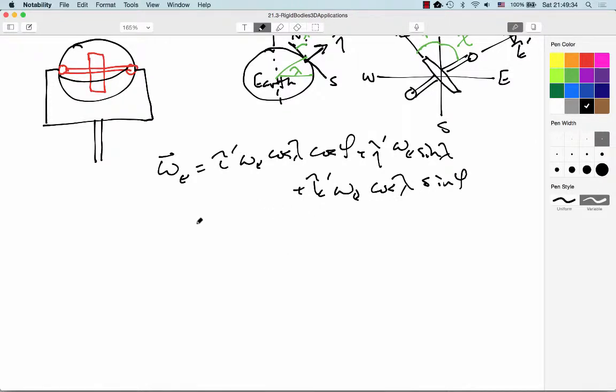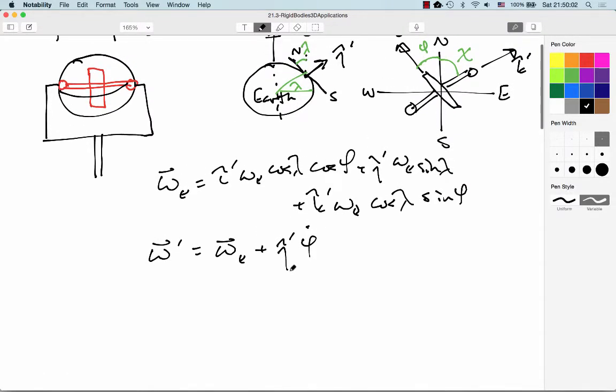And our omega prime here will be equal to omega of the Earth plus the angular velocity of our primed system, the gyroscope here, which will be j prime phi dot.